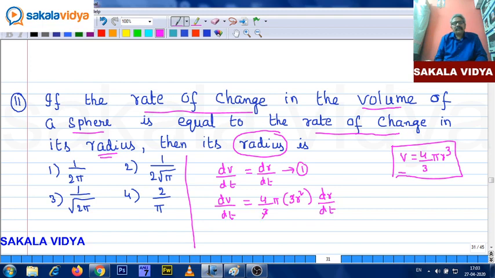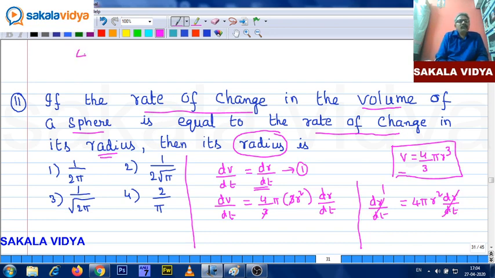Now, 3 gets cancelled. Now, we have dV by dt is equal to dr by dt, this from 1, 4 pi r square dr by dt.